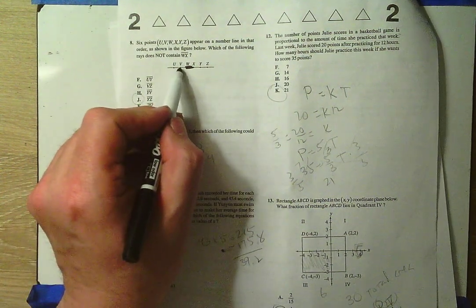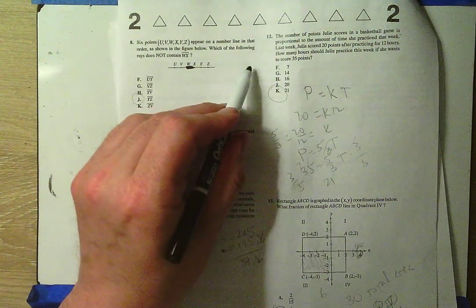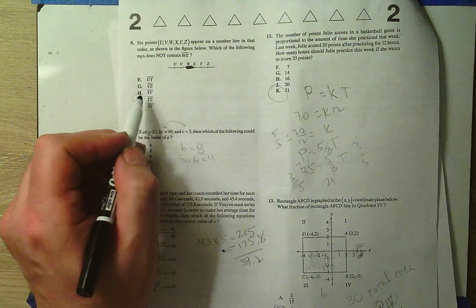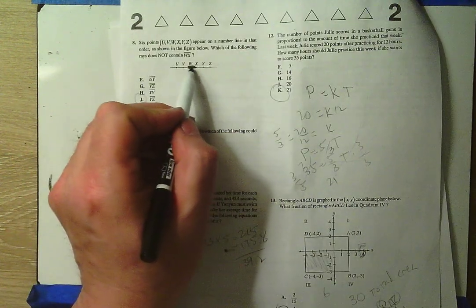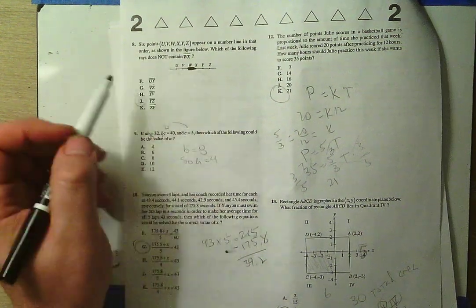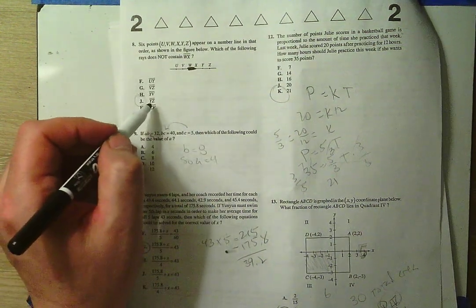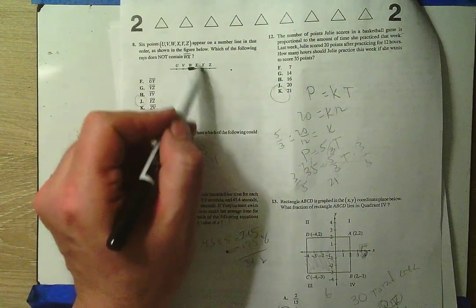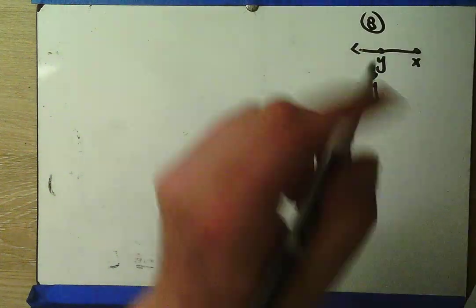V starts over here, goes through that point, and keeps going in that direction. YV, well, that starts over here, goes through this point, and keeps going. So all of these have contained WX. When I come to YZ, that starts here and goes this way. It doesn't go anywhere near WX, which is why J is my answer to number 8.